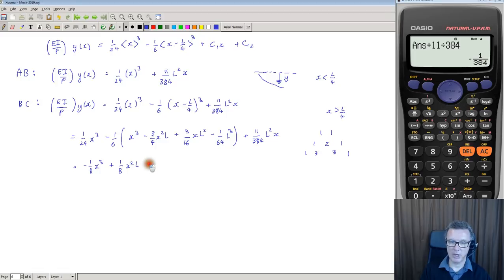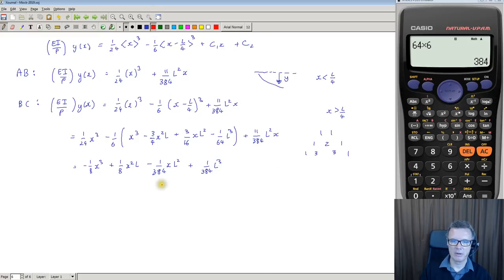So that's minus 1/384 x L squared, and then we want to do the final term here, so it's going to be this times this, so that would be a positive. So what's 64 times by 6? Okay, 384 again, positive 384 L to the power 3.